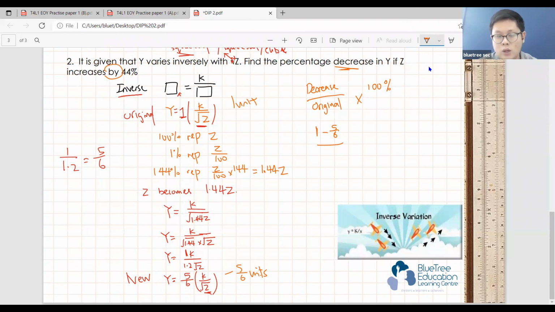And the original, what number do we choose? It will just be 1, right? And 1 unit is the original. And then we times 100 to change it into a percentage. You could write this in fraction. The advantage of writing in fraction, which I prefer as well, is that you don't have to do any kind of rounding off, and the answer is always the most exact. Yeah? So it's 16 and 2/3%.